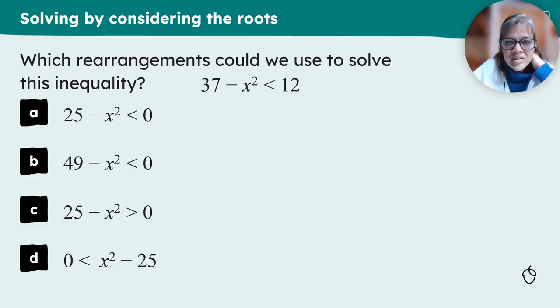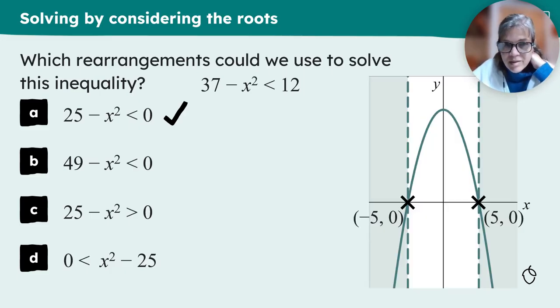Which one is it equivalent to? Okay, hopefully you can see it's equivalent to A. And the graph of it would be related to the root of 25, so it would be positive and negative 5.